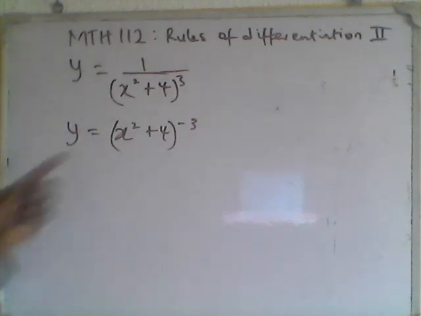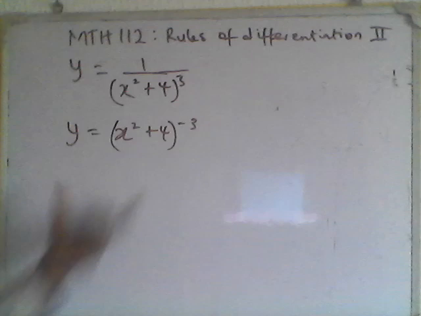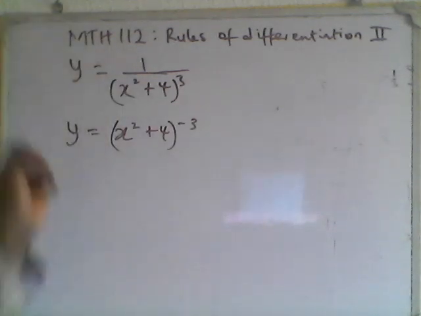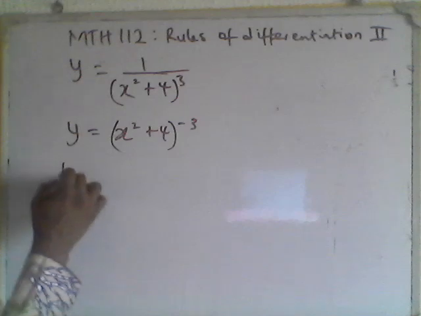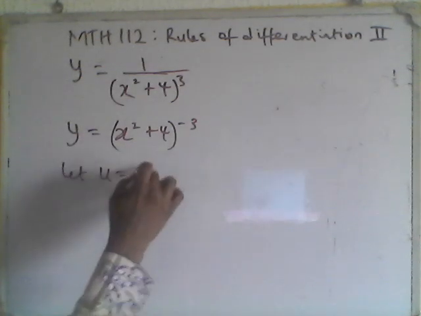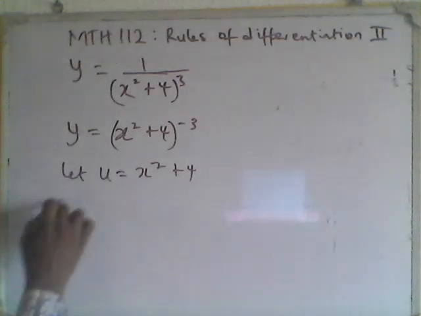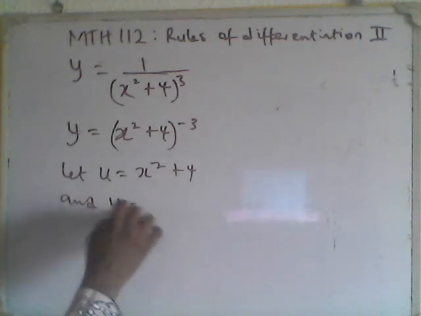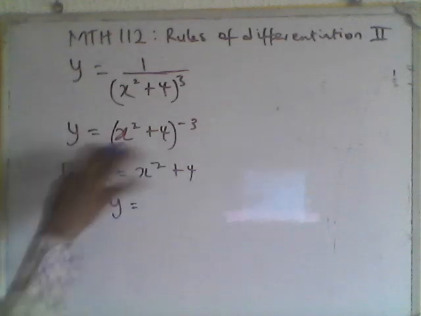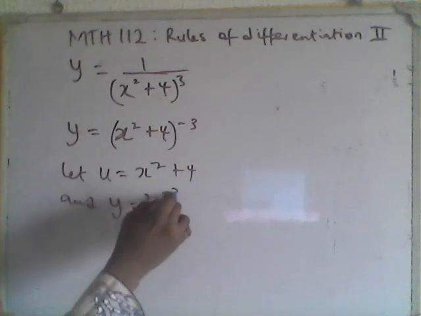All right, but this is how it is now. So at this point, I can now split it into two functions, the inside function and the outside function. So I will now say let u again be this inside function, x squared plus 4, and y is equals to u, the whole of this is u, raised to the power minus 3.